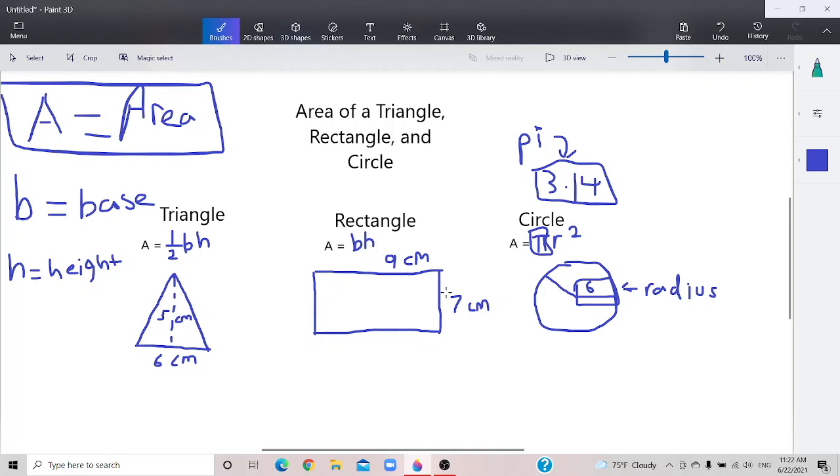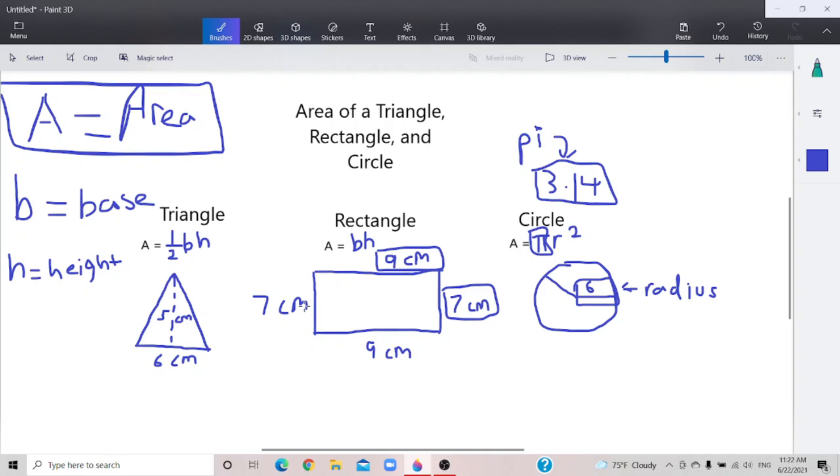So 7 centimeters here, and 9 centimeters are the only two different values, because 9 centimeters will also be here as well, because they're on opposite ends. And same thing with the 7 centimeters.